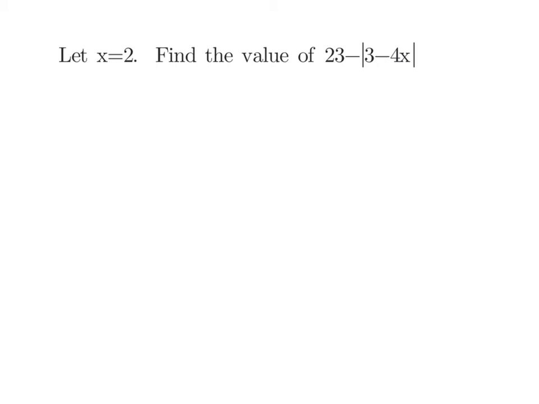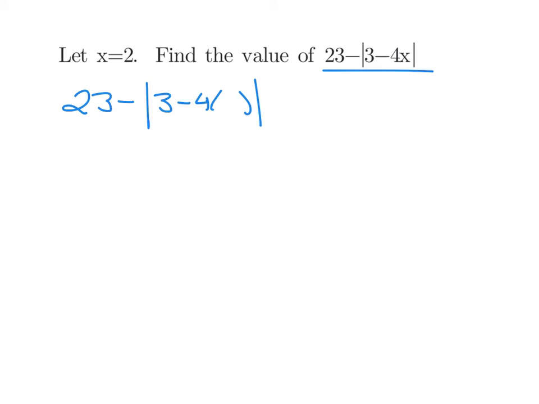So let's try one more, same type of problem, worded a little differently, but let x equal 2. Find the value of 23 minus the absolute value of 3 minus 4x. So again, our first step is to substitute, and then after that we'll simplify. So we rewrite the entire expression, 23 minus absolute value of 3 minus 4x.